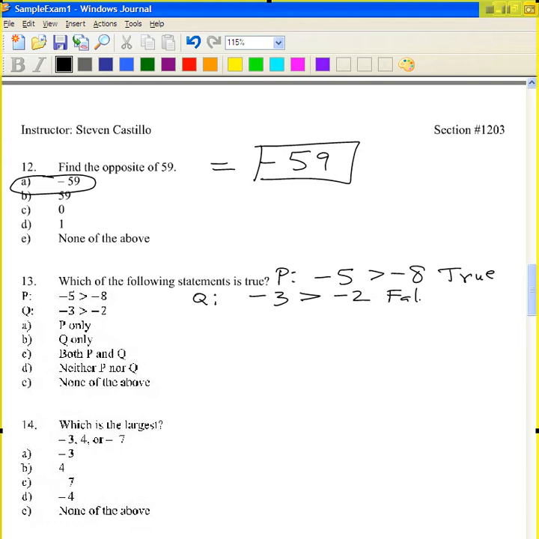Wow, that's false. Negative 3 is to the left of negative 2. And so only P is true. So A. So only P is true.